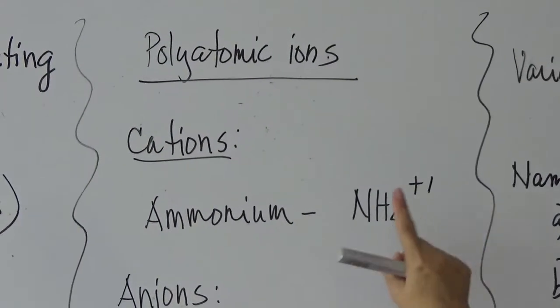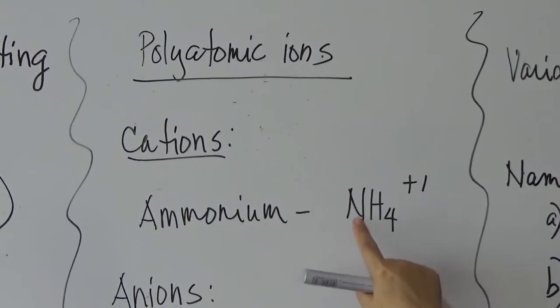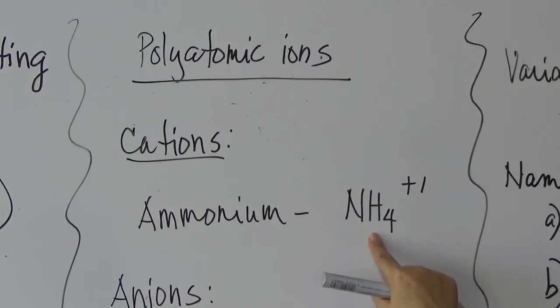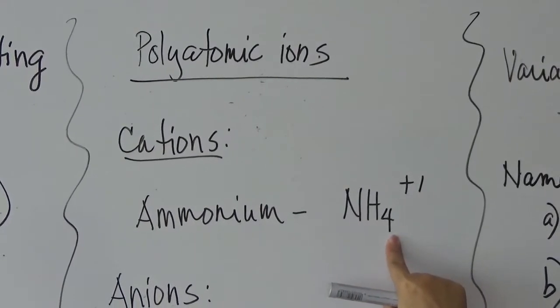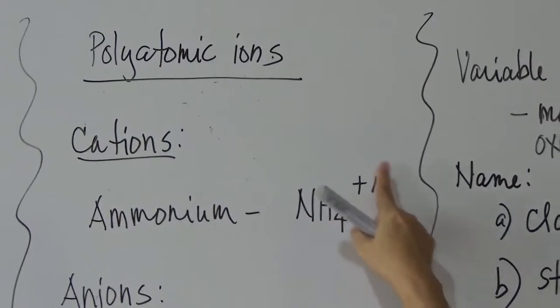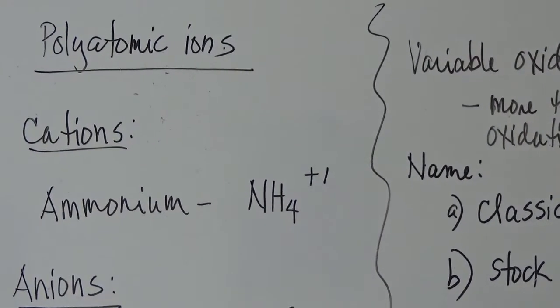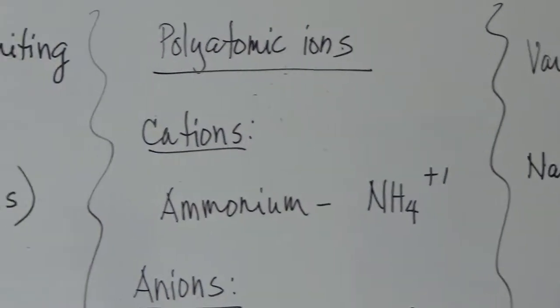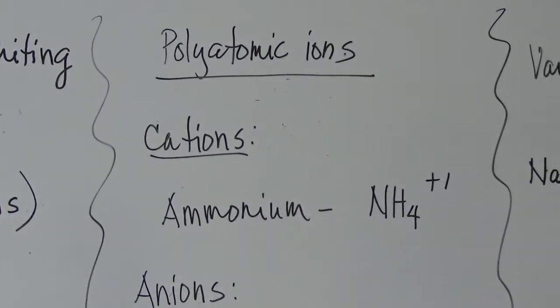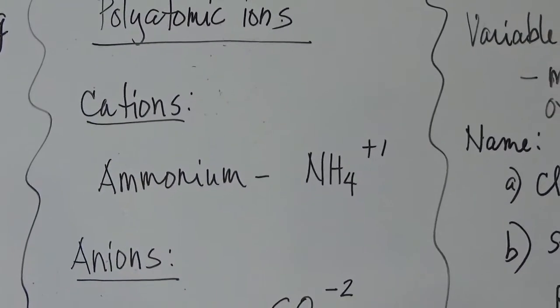Take note, it must be capital N, capital H. It is composed of nitrogen and hydrogen, with 4 atoms of hydrogen, and it is positively charged, +1. This is ammonium. It is different from ammonia. Ammonia is a molecule, it's not an ion. So NH3 is ammonia.